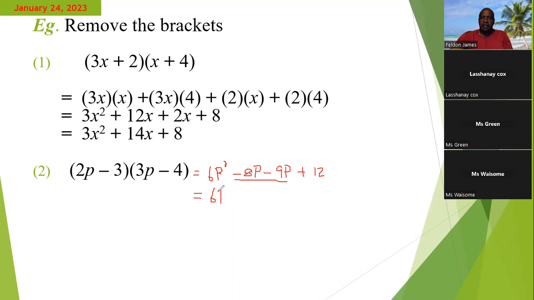I would rather you say that you're adding both of them negatively. When you add negatively, what do you get? Negative 17. So what should go in the middle? Negative 17p plus 12. All right, thanks much, Ms. Cox. Good, you got it correct. Thanks for your effort.